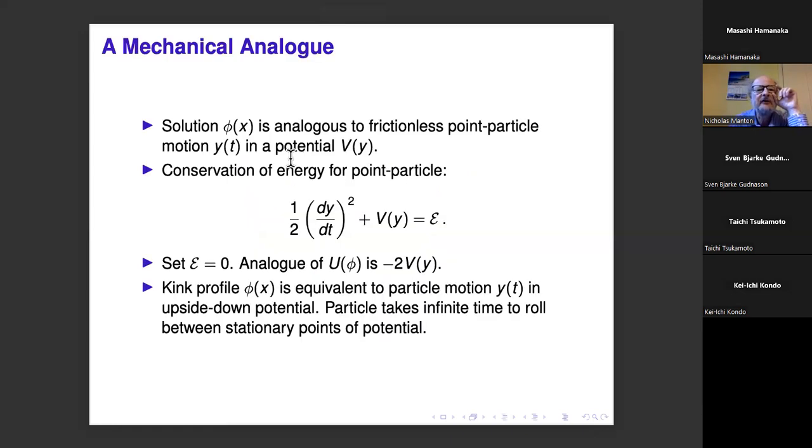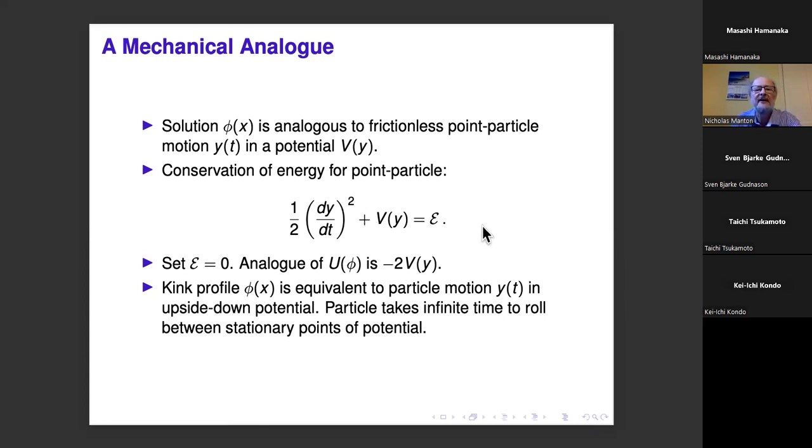So here, the solution phi of x is analogous to a frictionless point particle motion y of t in a potential V of y. The standard conservation of energy for the point particle is this equation. That's similar to the kink equation I had. To make the analogy, you put the energy E equals 0. Then you see that the important thing is there's a sign change.